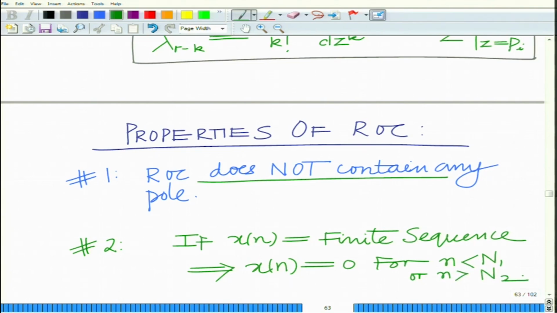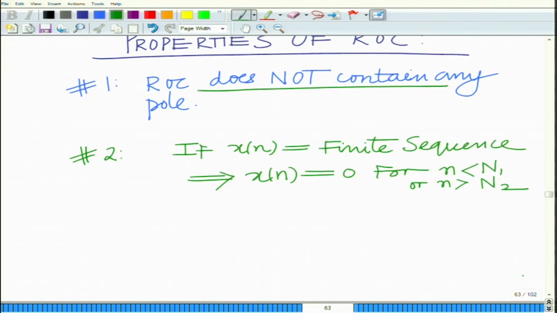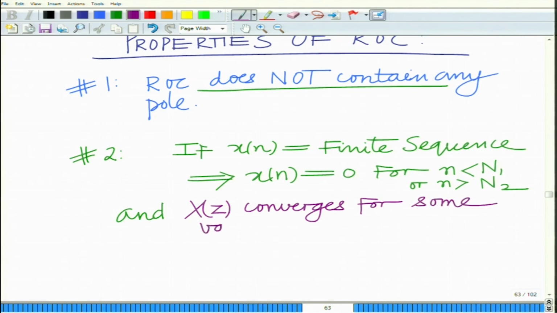That is, it is non-zero only in the interval n1 to n2, and X(z) converges for some value of z, then this implies that ROC equals the entire z plane.